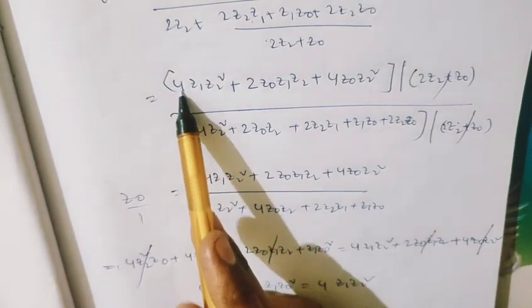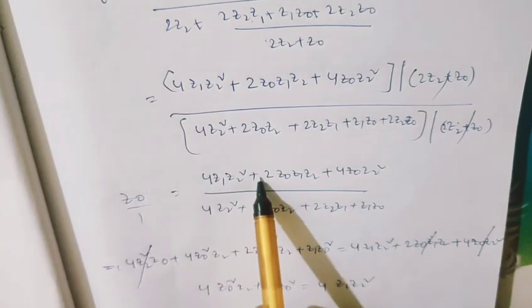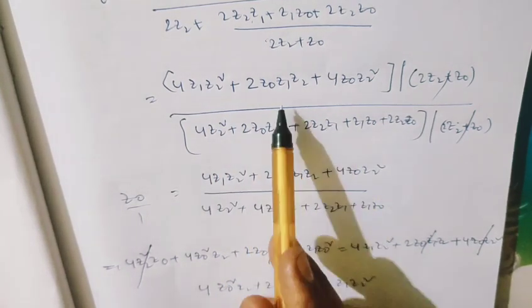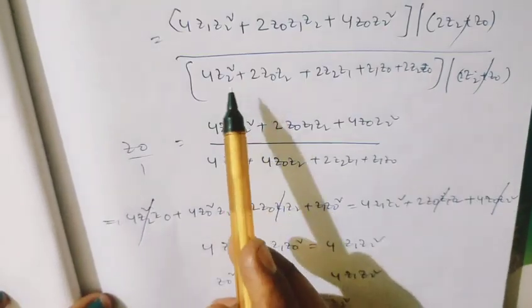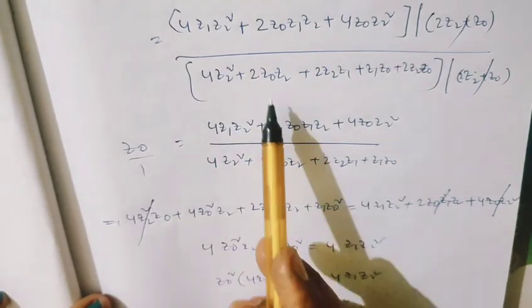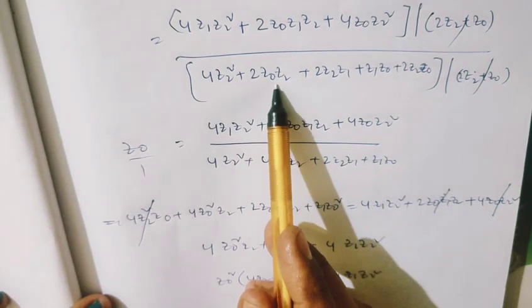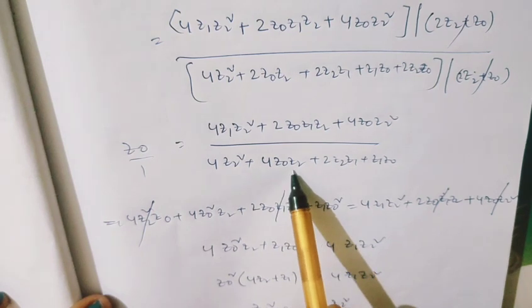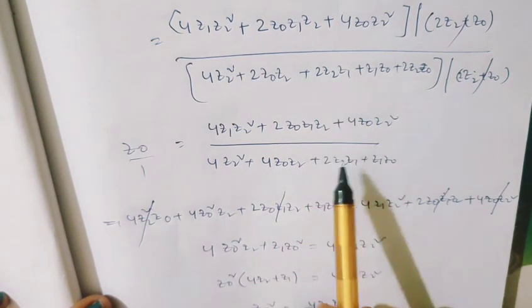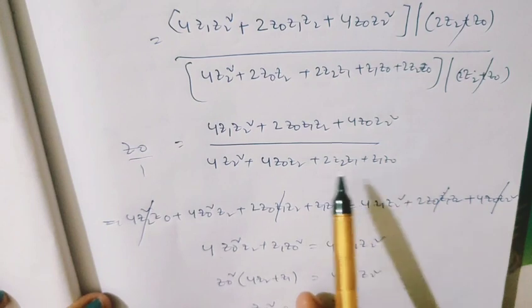So now we'll get 4Z1 Z2 square plus 2Z0 Z1 Z2 plus 4Z0 Z2 square by 4Z2 square. Here we have the 2Z0 Z2 term as well as another 2Z0 Z2 term, which is the 4Z0 Z2 term, plus 2 into Z2 Z1 plus Z1 Z0.